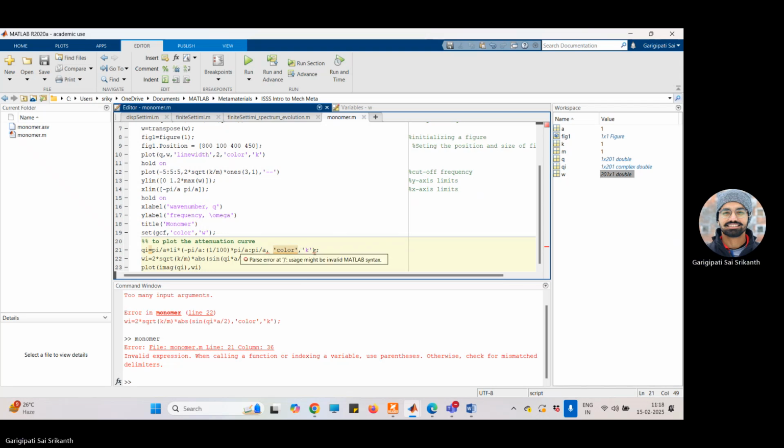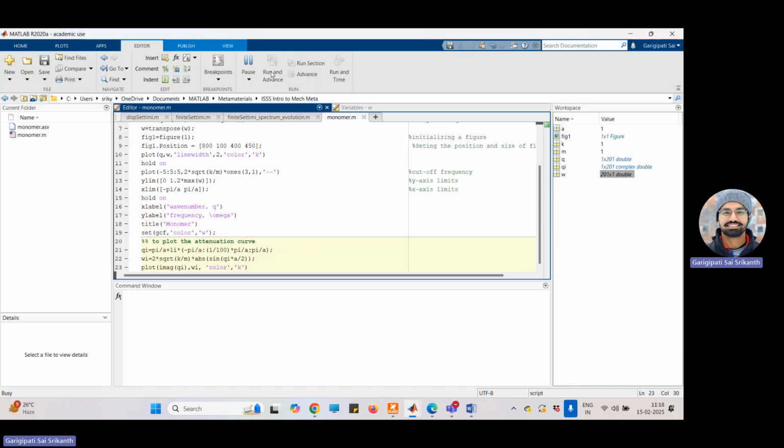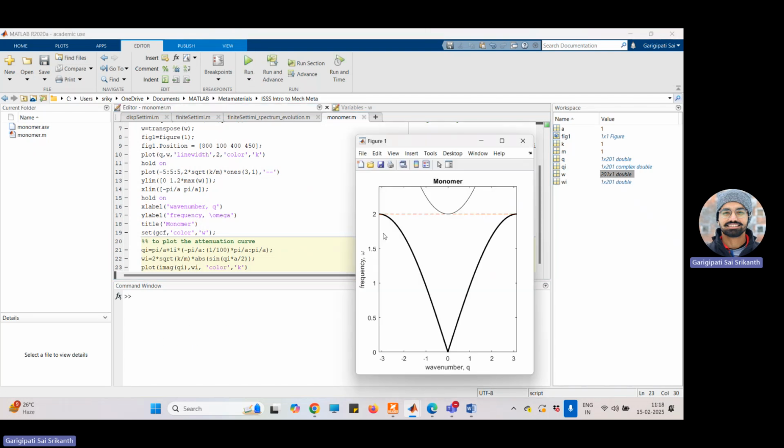Haha, seems like I'm doing a lot of mistakes. Yeah. That's the beauty of coding, that you can make mistakes and then you can just correct them in one go.